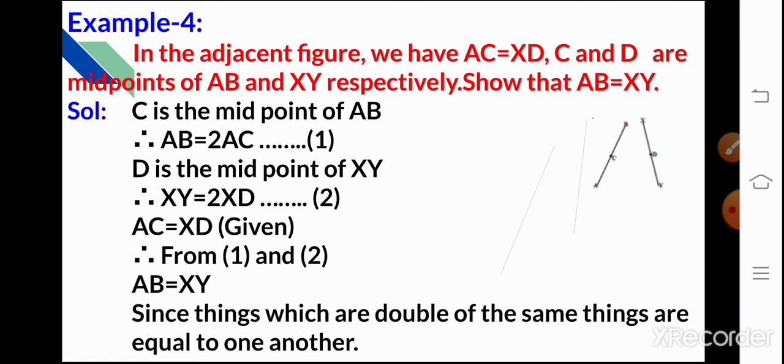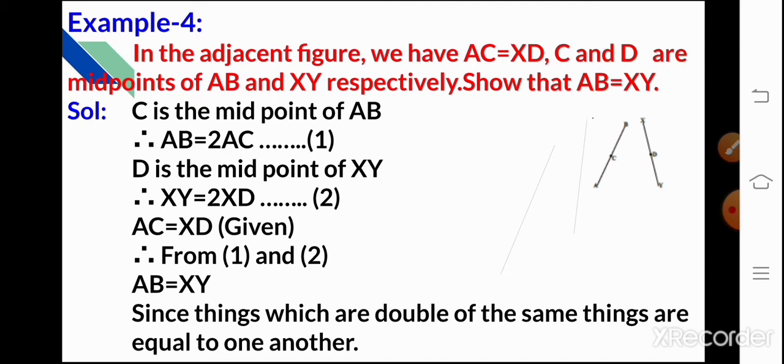Let us see example 4. In the adjacent figure, we have AC equals XD. C and D are midpoints of AB and XY respectively. Show that AB equals XY.